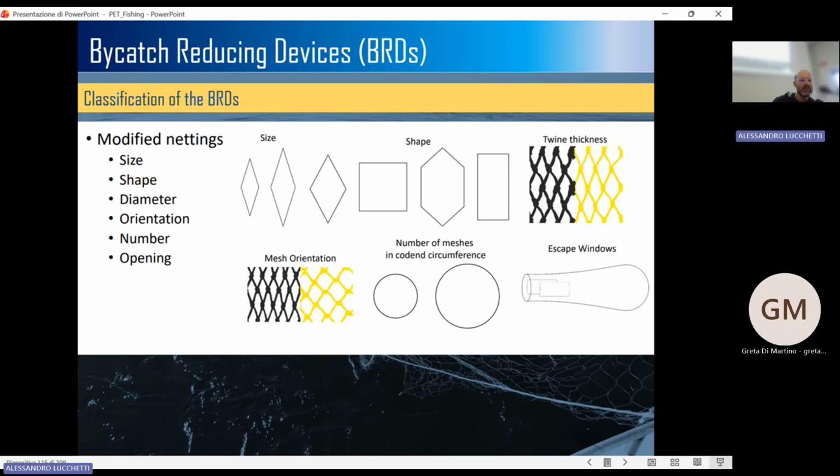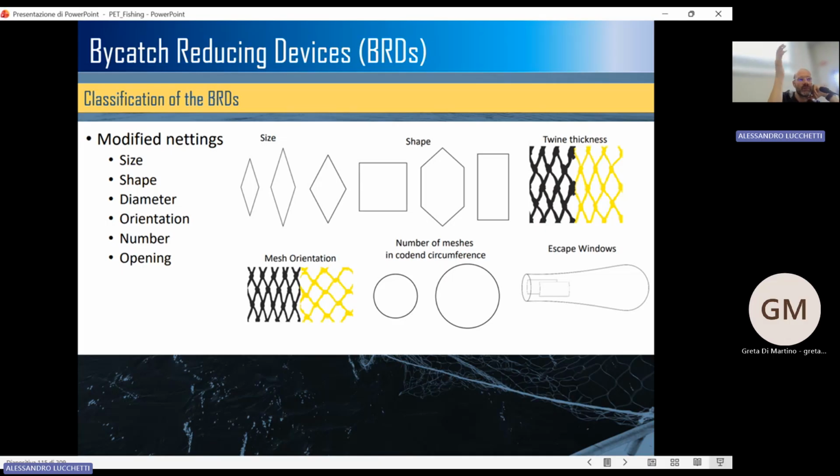When we speak about modifying the netting, we can simply modify the shape of the net, as we did for the bottom trawl. The regulation of 2006 changed the meshes from diamond to square mesh. If you use square mesh, obviously the mesh stays open more than a diamond mesh, therefore it is more selective.